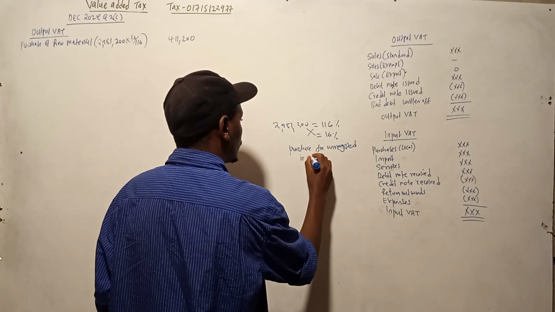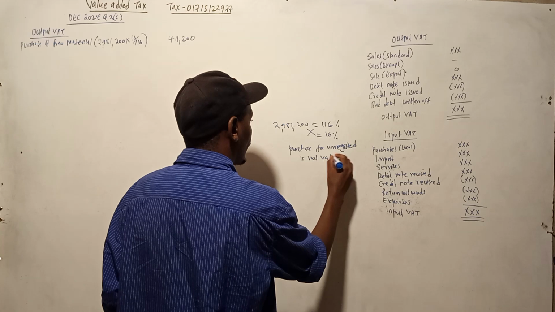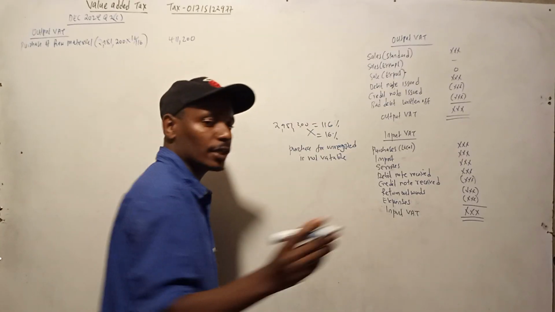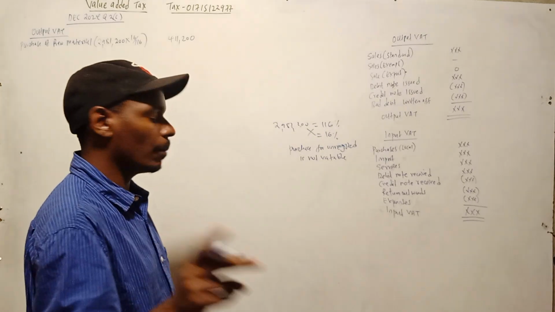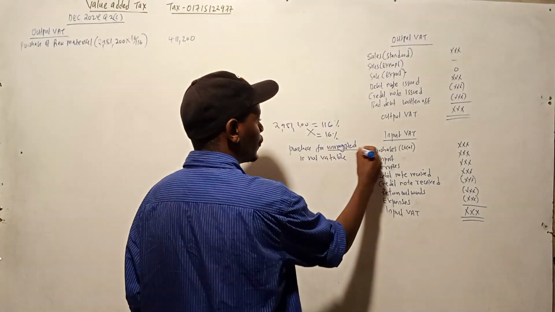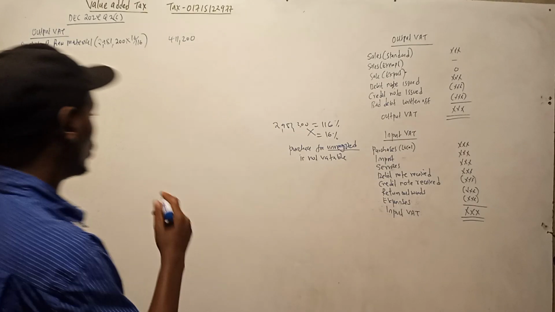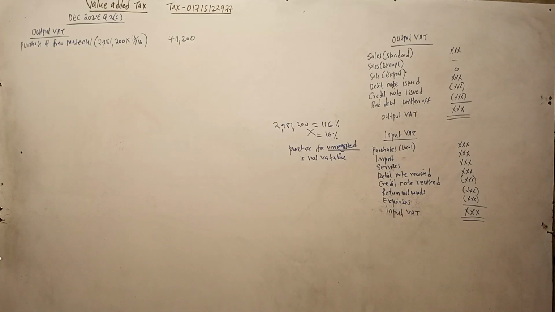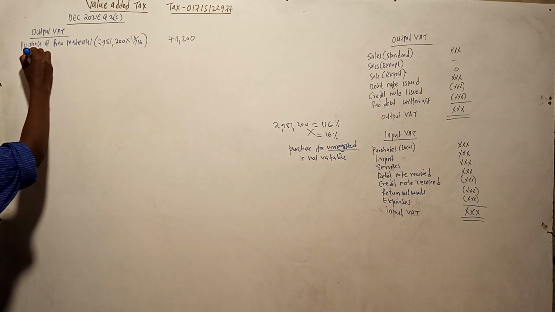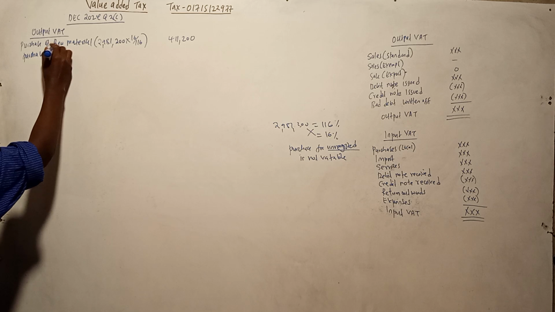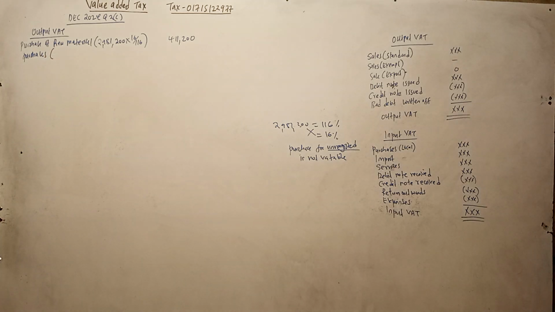The only thing that is vatable is purchases from registered persons, those who have registered for VAT. So out of 100%, 80% is vatable. So purchases, how much?